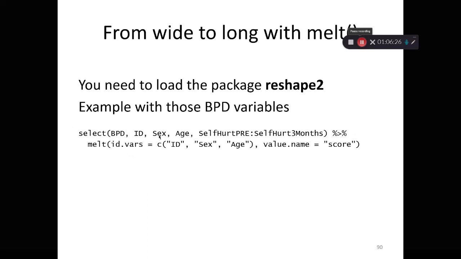We select the ID variables, which are ID, sex, and age. And the measured variables are assumed to be all the remaining variables, all the ones that are not specified here. Alternatively, you can specify all the measured variables, and R will assume that the remaining ones are ID variables. And we say that the values of self-heart will have to go in a variable called score.